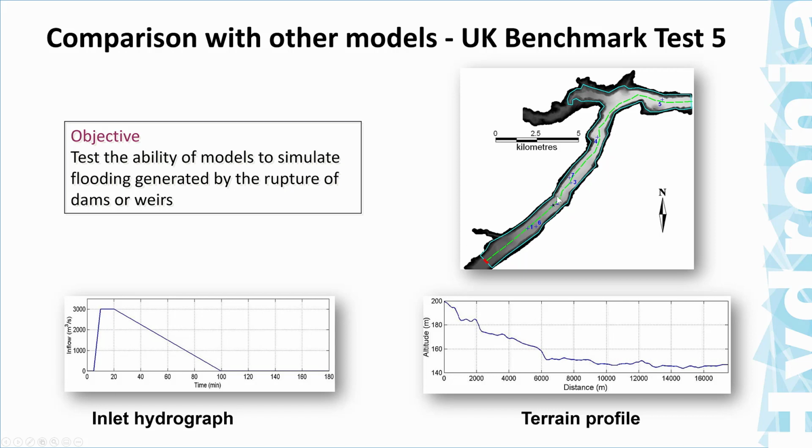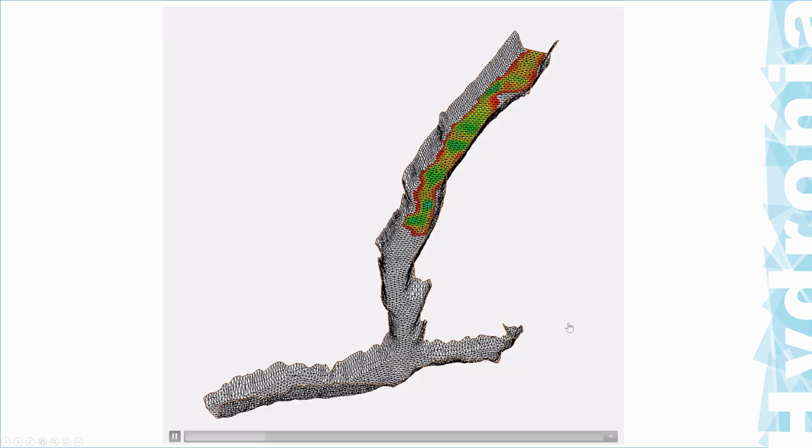So you have an inlet hydrograph set here, and this is the profile of the river along this green line. It comes from 200 meters height here to approximately 150 here. This indicates depth of flow. So again, you have flow coming from the dam here, getting into the river downstream.